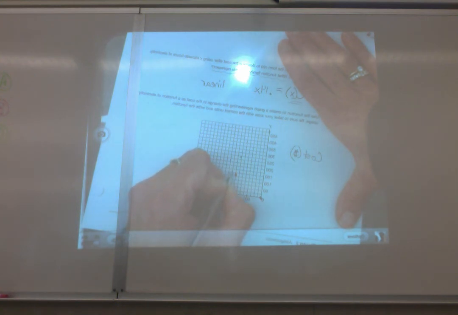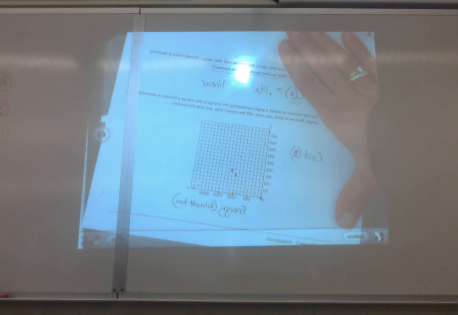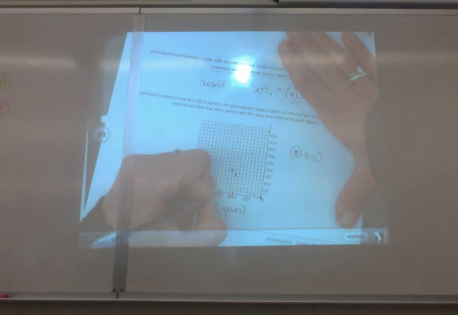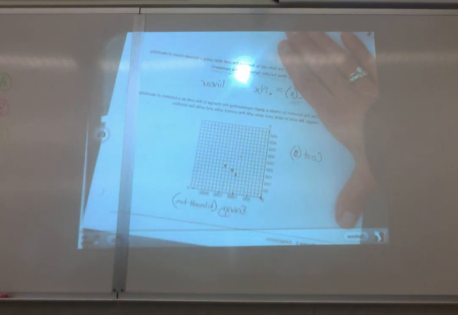Go up to 150, I'm going to estimate this is 168. Then 1,400 is going to be close to the 1,500, and it is 196. So I'm going to back off from 1,500 a little bit and go up to 196, a little below 200. All right? Keep going, making your dots.